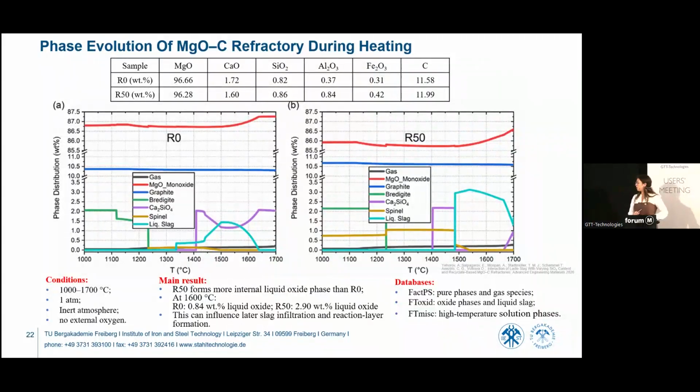The pressure was 1 atmosphere, and the atmosphere was inert. I also used 3 databases: FactPS, FTOxide, and FTMISC. And the main result is that both materials remain mainly magnesium oxide and graphite. The basic material structure is stable during heating.